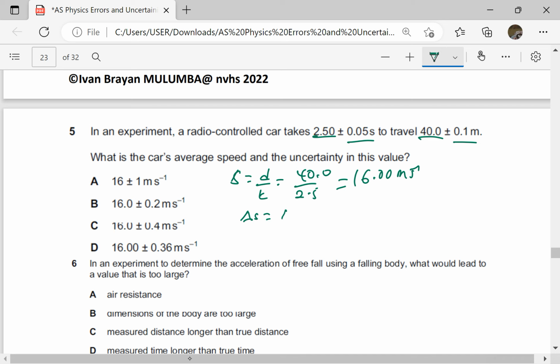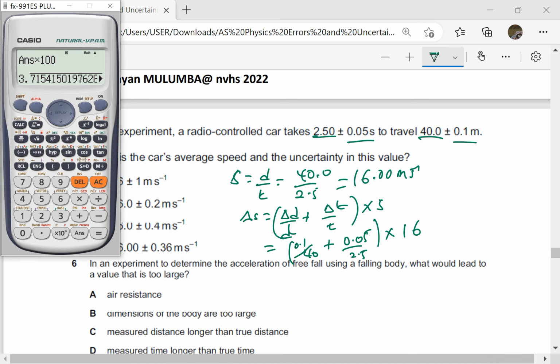So uncertainty in speed is going to be absolute uncertainty in d over d plus absolute uncertainty in t over t. We multiply this by the value of the speed. So this is for d 0.1 divided by 40, for t 0.05 divided by 2.5, then times 16.